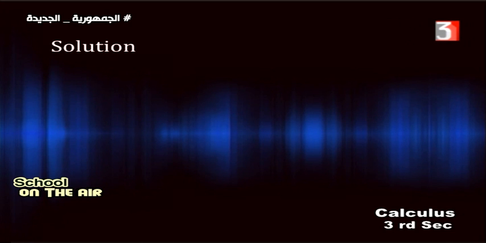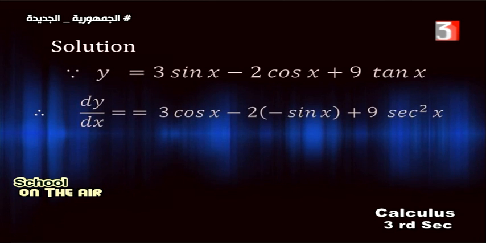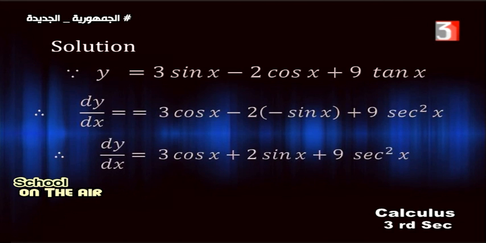We have trigonometric functions. dy dx equals 3 multiply, 3 is a coefficient, multiply the derivative of sine x, which equals cosine x, minus 2, the coefficient, multiply derivative of cosine x, which is negative sine x between two brackets, plus 9 multiply the derivative of tan x, which equals sec to the power 2x.